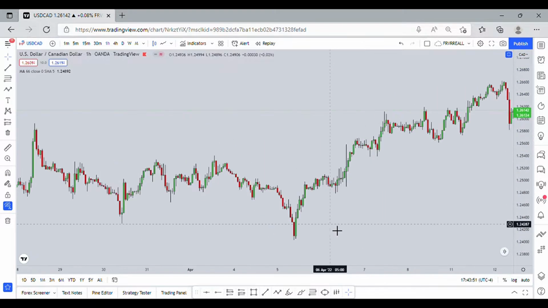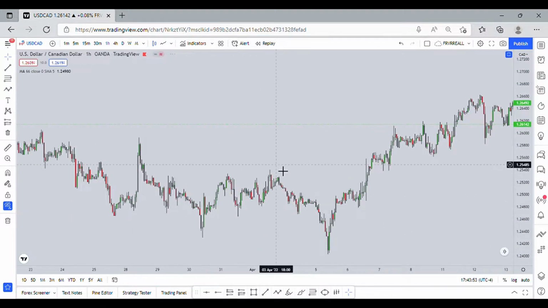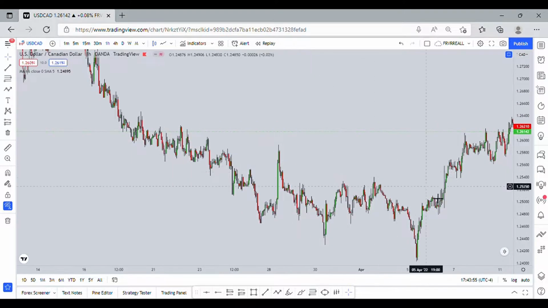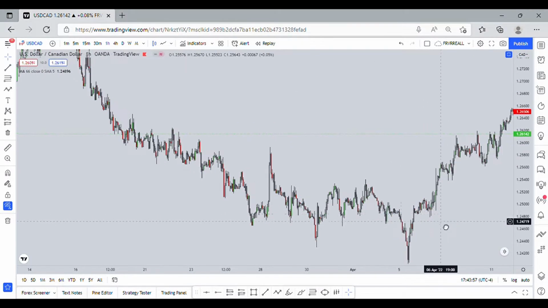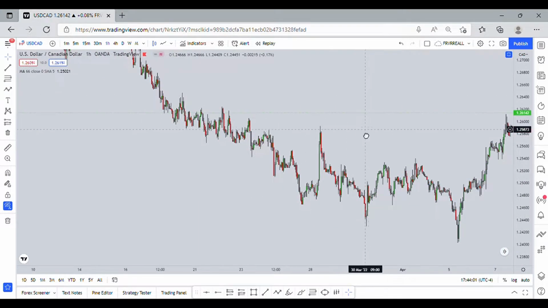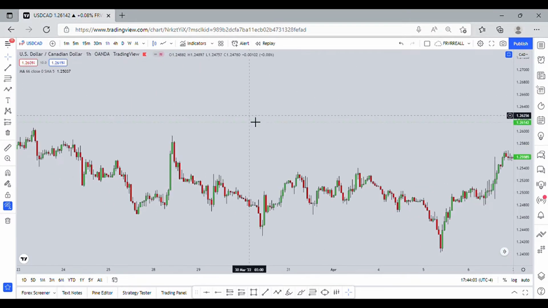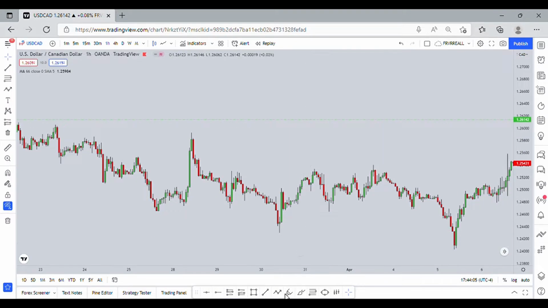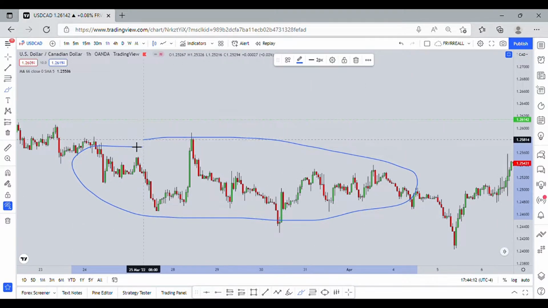I've shown you what a trending market looks like, and now I'm going to show you what a range looks like so that you know what is not a trend. All this here is a range, because the market does not have any given direction.